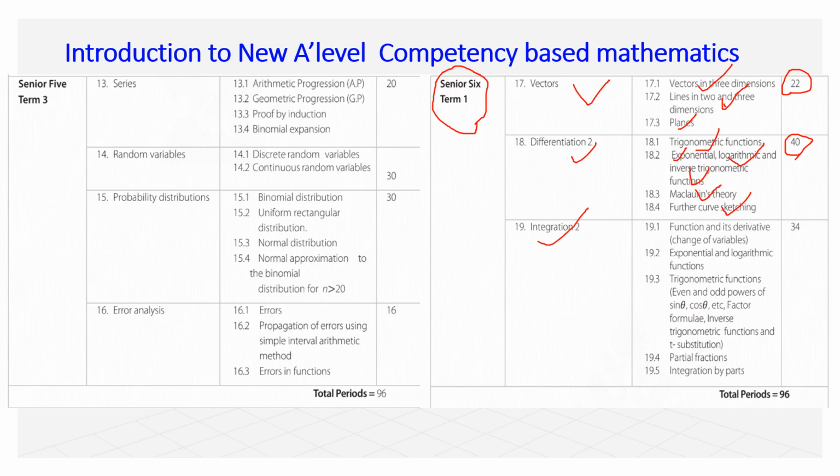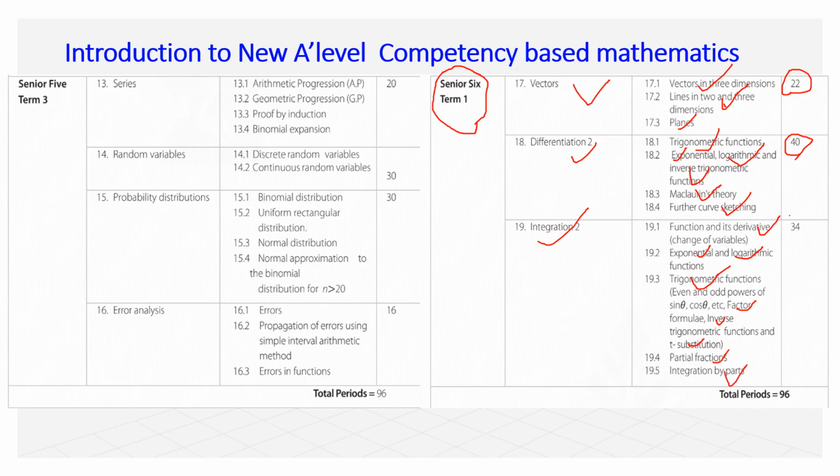Integration 2, remember we are done with integration 1 and differentiation 1, the previous. Then under integration 2, we shall talk about functions and its derivative, that is the change of variables. Then we shall talk about exponential and logarithm functions, trigonometric functions for the even powers of sine, cos, etc., factor formula, the inverse trigonometric functions, the t substitution, the partial fractions, and then integration by parts.